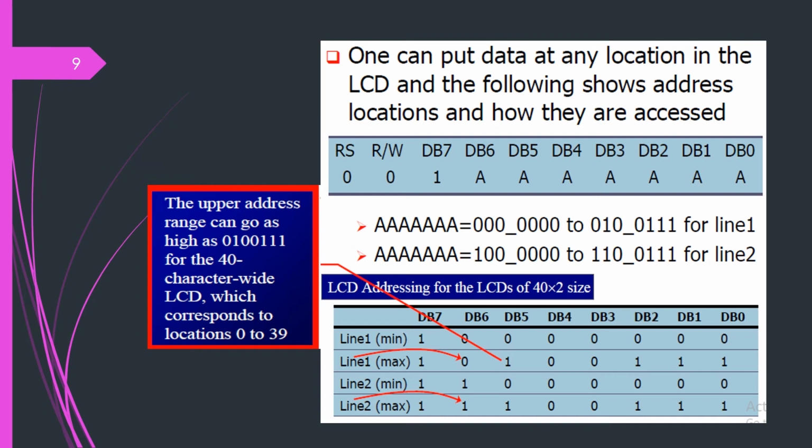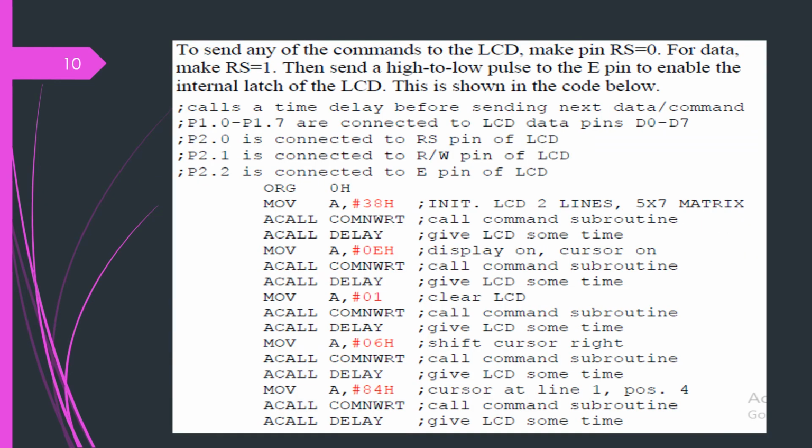Now we will have a small message which we want to display. So that program we will just go through. Sample program. We are checking the busy flag, like any command on the LCD. First of all, RS you have to make 0 for a command, and for data you have to make RS 1.